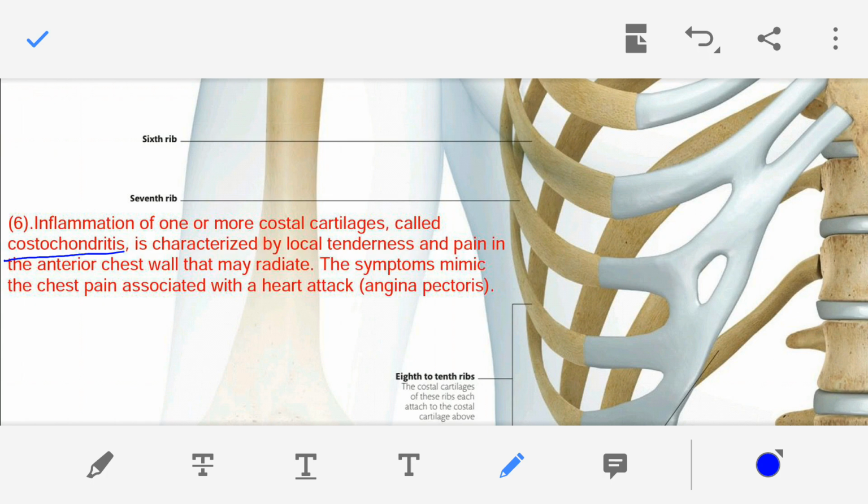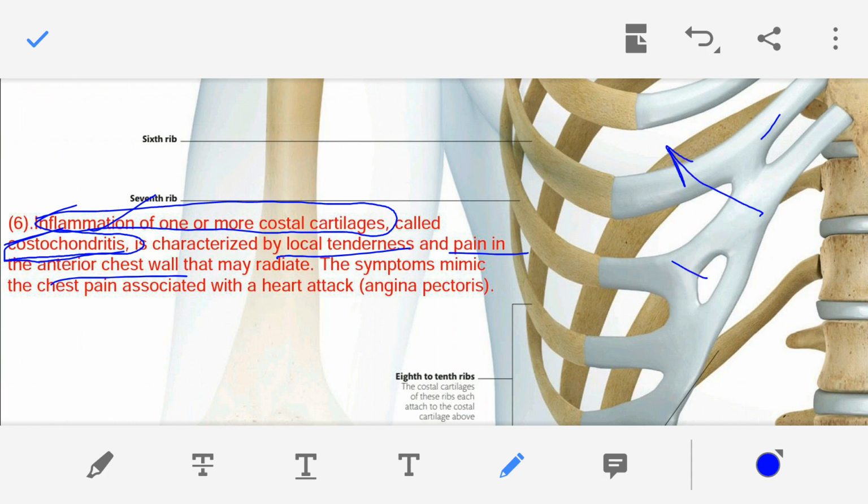And what effect is this inflammation of costal cartilage, or costochondritis, causing on the person's body? So due to the inflammation of this cartilage, there is local tenderness and pain in the person's chest wall. And this pain can radiate, can spread in the entire chest region, that is in the entire rib cage.